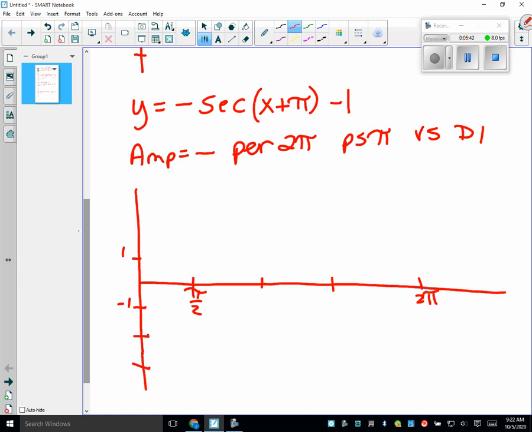All right. The first thing we graph are asymptotes. Where is an asymptote? Pi over 2? Where's another one? 3 pi over 2.